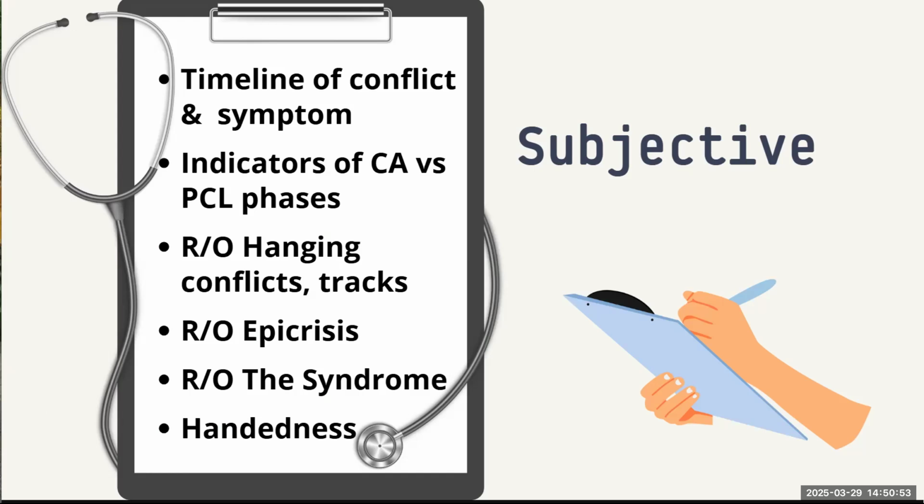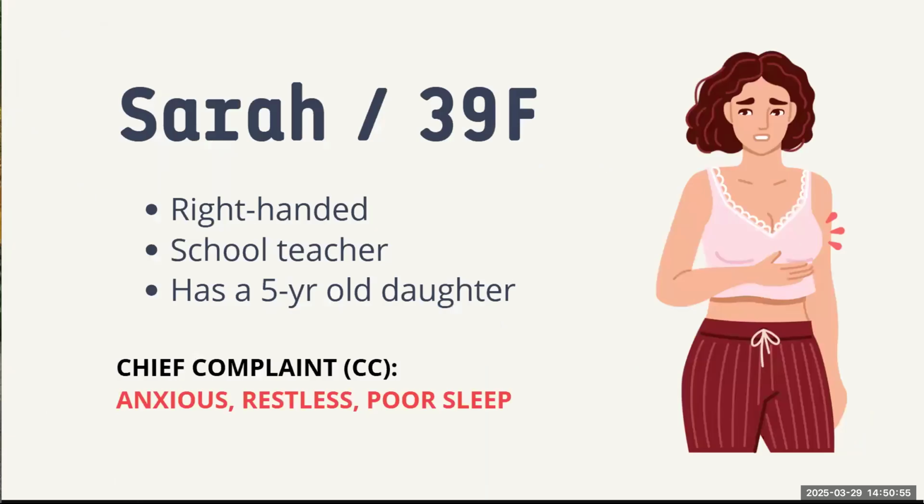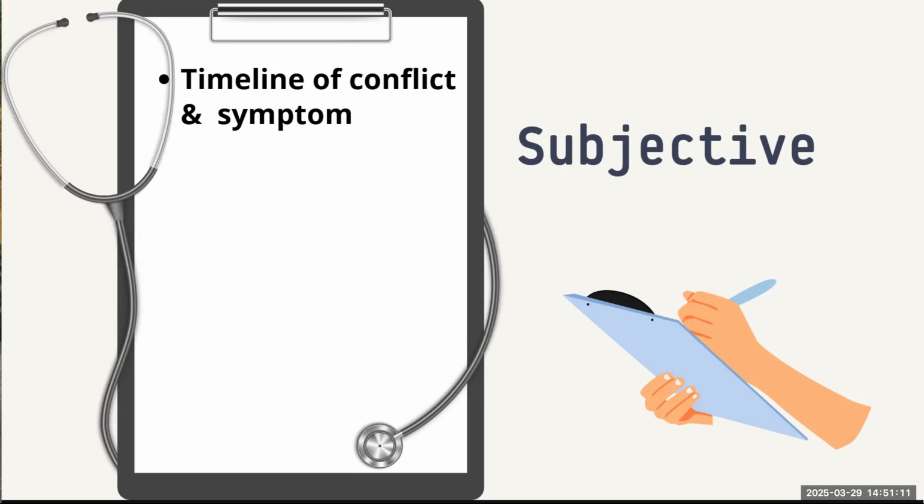Now, I present to you Sarah, 39-year-old, right-handed. She's a school teacher. And she has a 5-year-old daughter. She's your friend. And you've seen her very anxious, restless, with poor sleep. So I'm Sarah now. What do you want to ask me? I'm your friend.